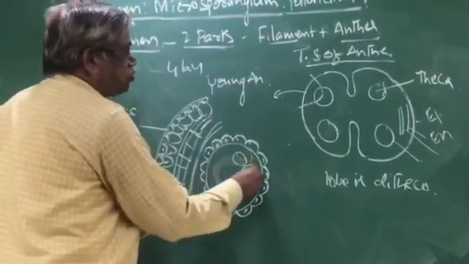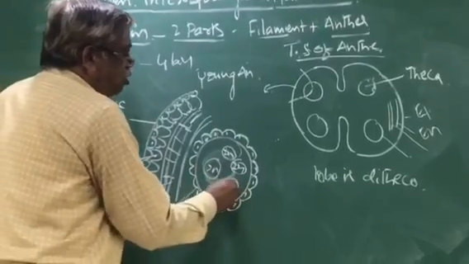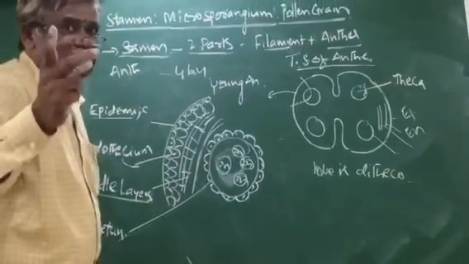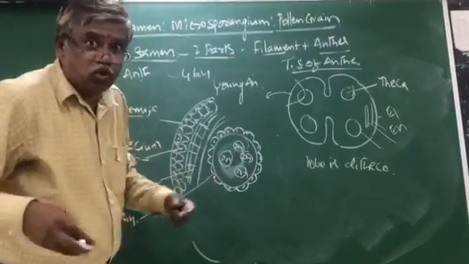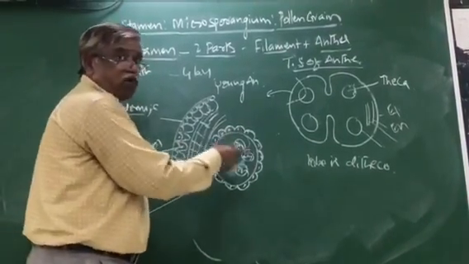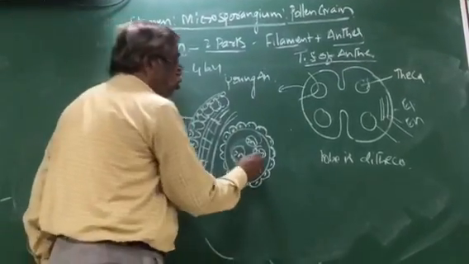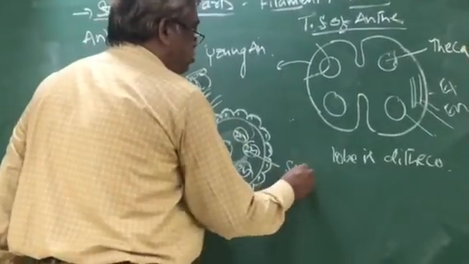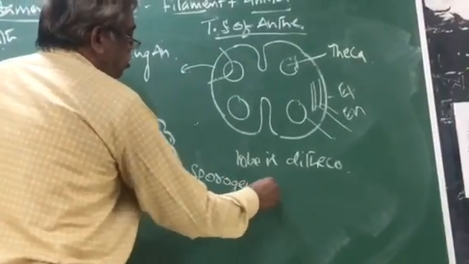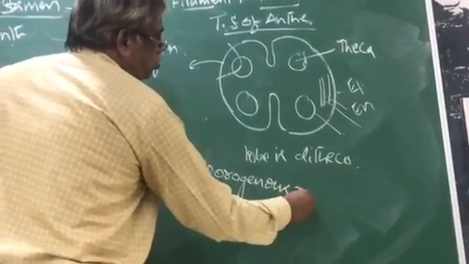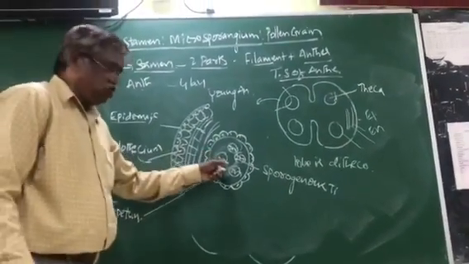Tissue means a group of cells. 2n means diploid, 2 sets of chromosomes. The diploid tissue present in the theca is called sporogenous tissue, sporogenous cells.